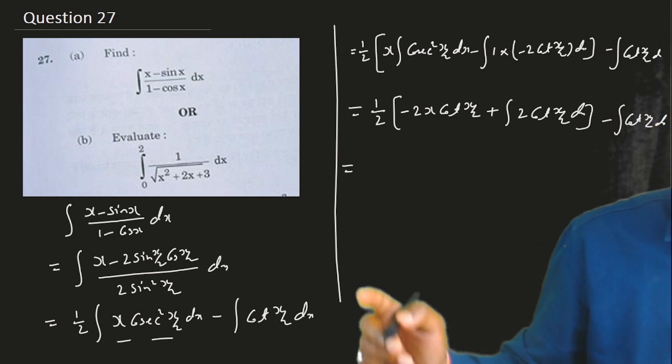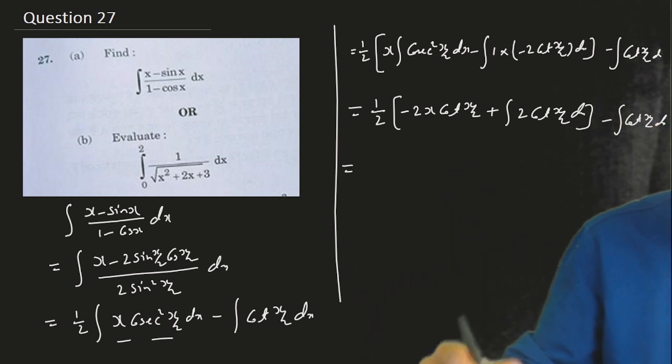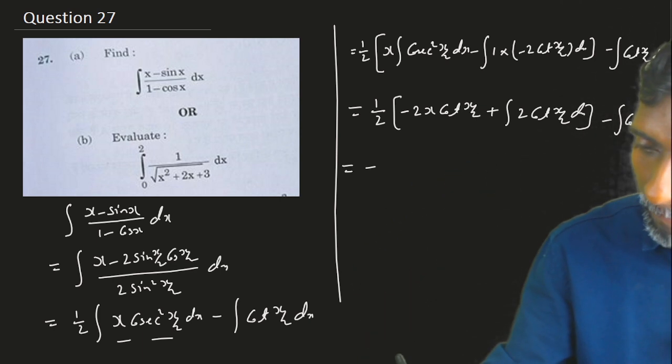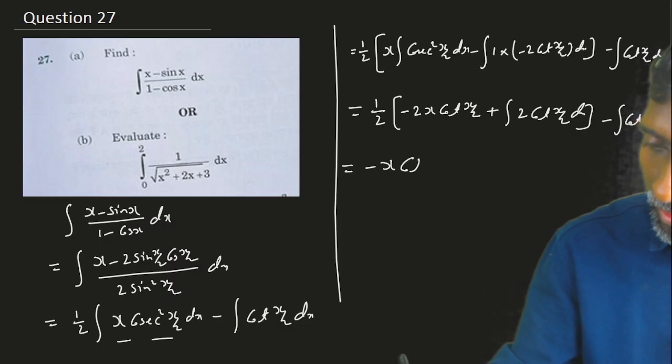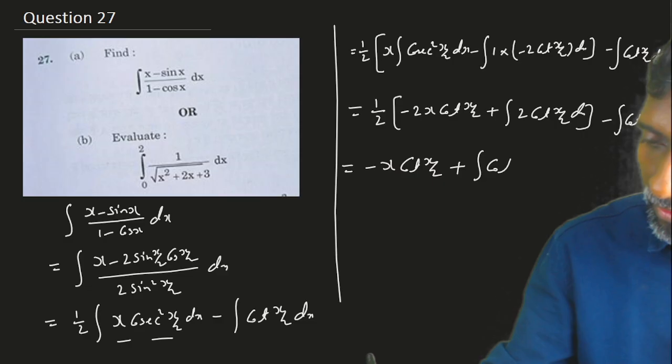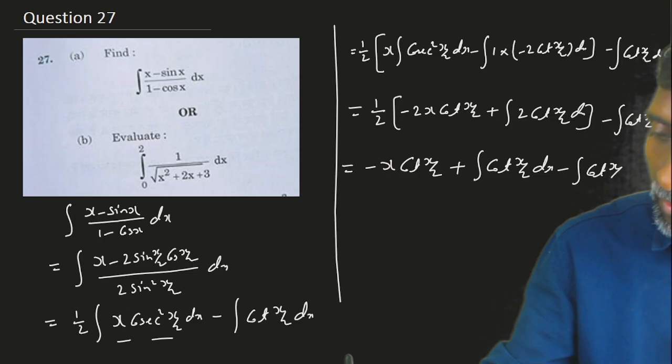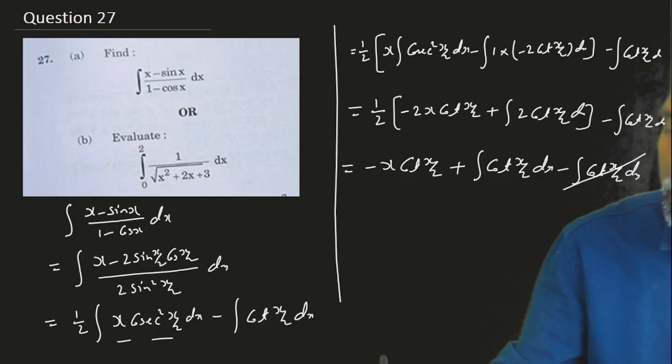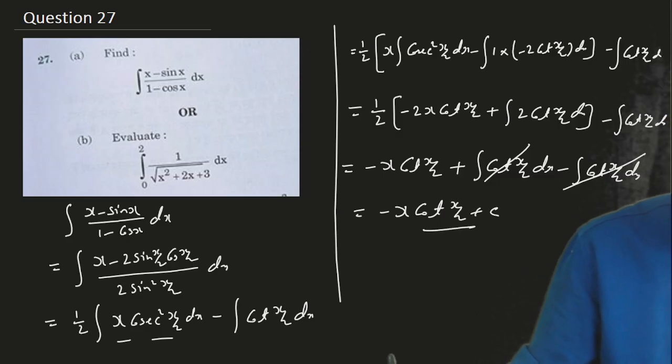So if we eliminate this 1 by 2 and multiply with both the terms, it will be minus x cot(x/2) and plus integration of cot(x/2) dx minus integration of cot(x/2). So no need to integrate cot(x/2). It cancels both terms. So the final answer is minus x cot(x/2) plus c.